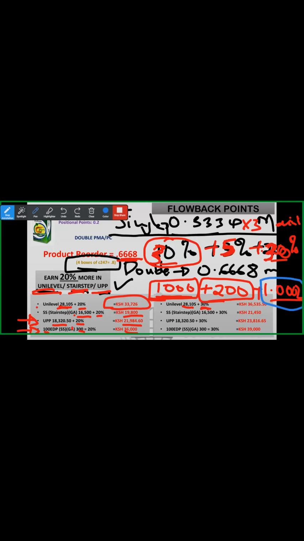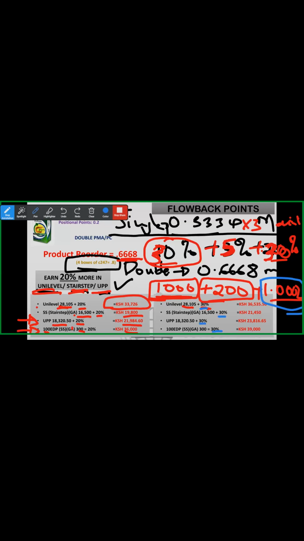Now, because yours is triple maintenance, if you are a GA, or a silver executive prime, or a gold executive prime, utakuwa unapata an additional 30% on whatever you are supposed to make. Sawa sawa.